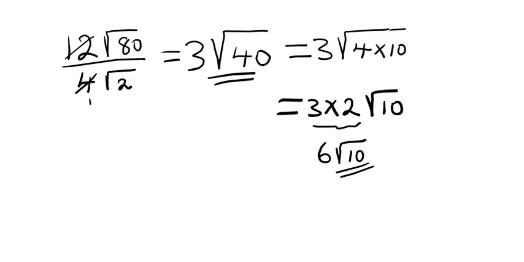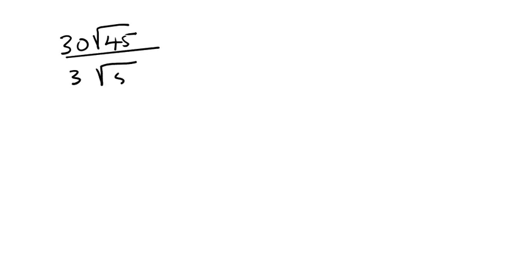Okay, let's take a look at another example. If we have 30 root 45 divided by 3 root 5, what will be the answer? Here, 3 divided by itself will give you 1. 3 divides 30 is going to give you what? 10. So we have 10 here.